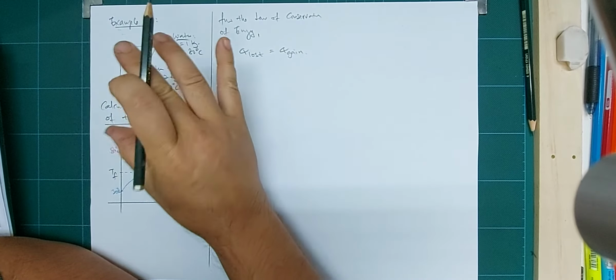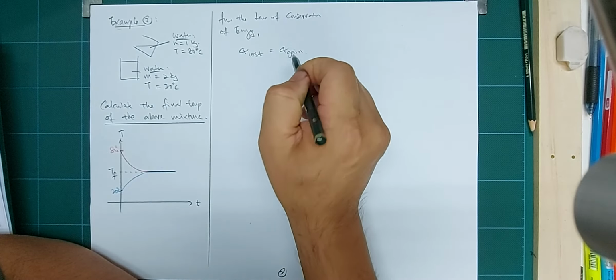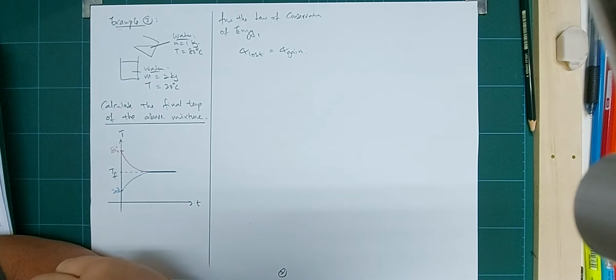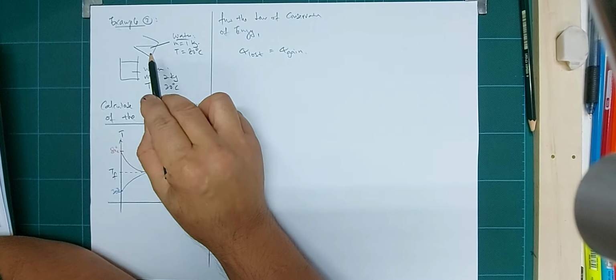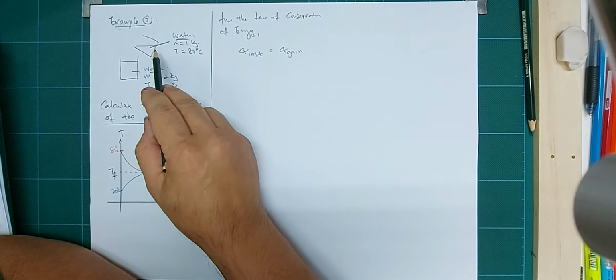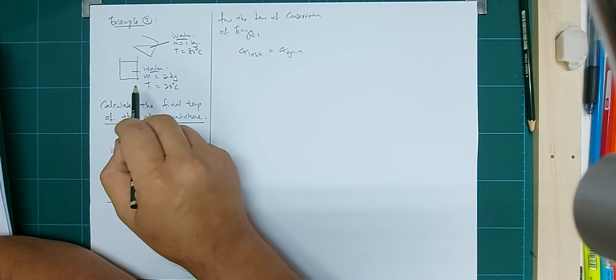In that isolated system, when something loses energy, some other system must gain the energy. In this case, who lost the heat energy? The hot water will lose the heat energy, and the loss will be gained by the colder water.